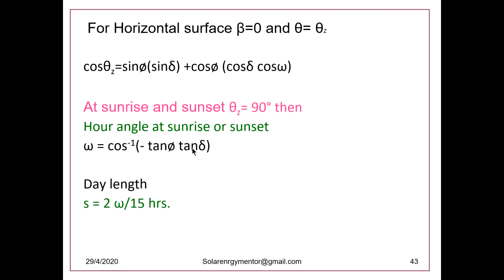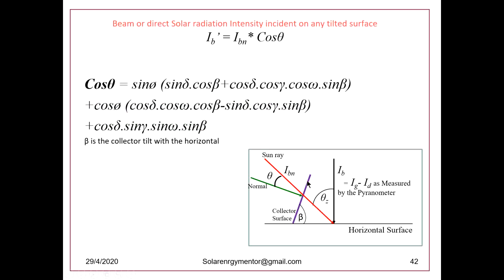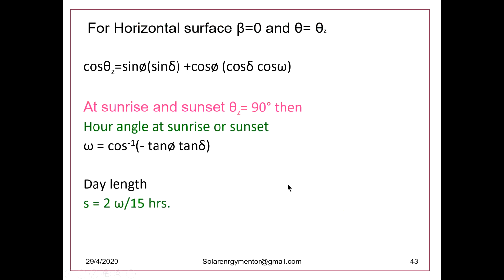Now for horizontal surfaces, beta equal to 0. We can see here, when this collector is completely flat, beta equal to 0. So for horizontal surfaces, beta equal to 0 and theta is equal to theta z.